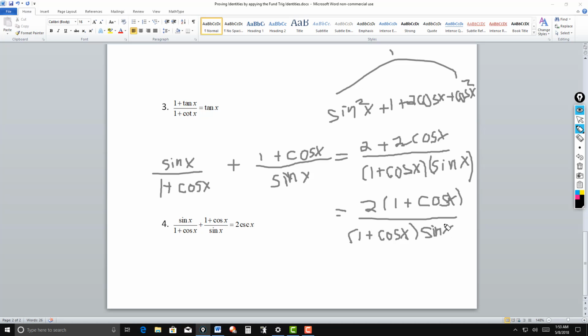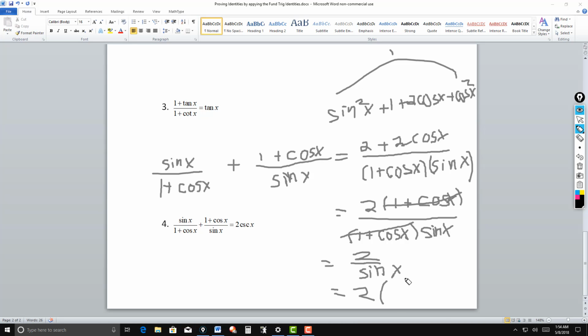Okay, so as I mentioned to you last time, to be successful in trigonometry, you need a good foundation in algebra. If you're pretty good at algebra, you'll be able to do trigonometry. Because now look, these are not like factors that will cancel out. So this comes out to 2 over sine of x. And I could actually break this up just to make sure you see it.